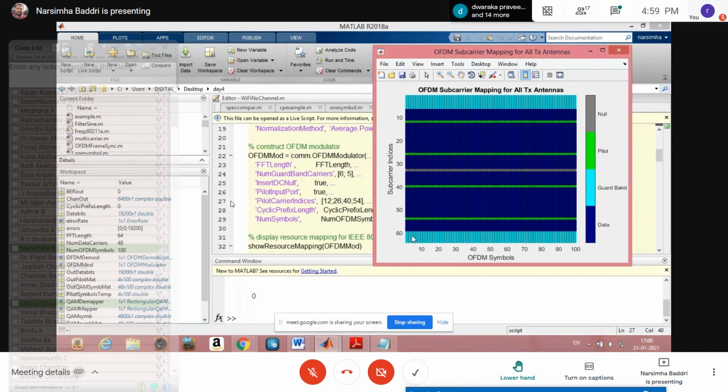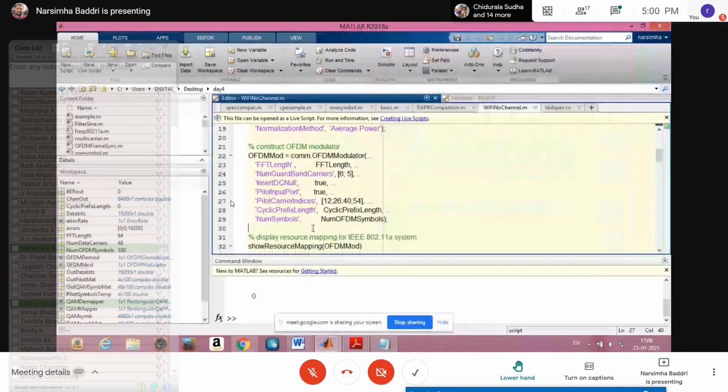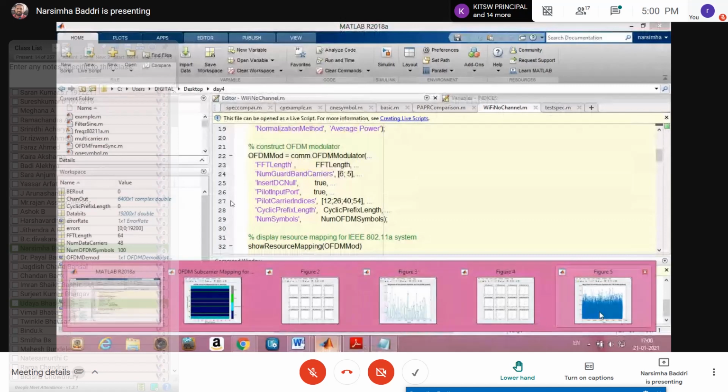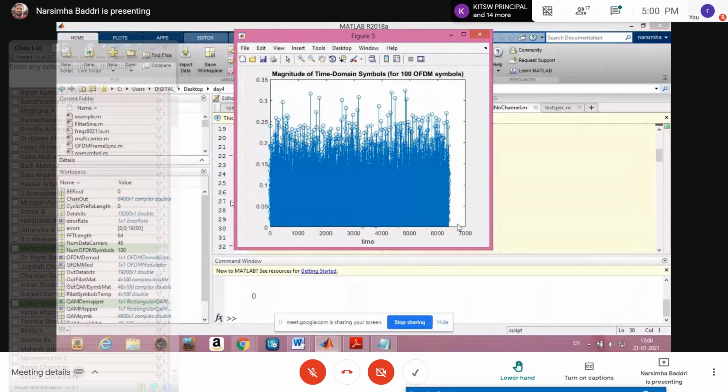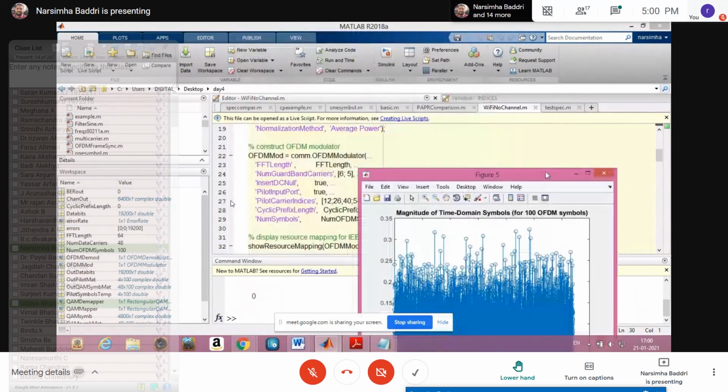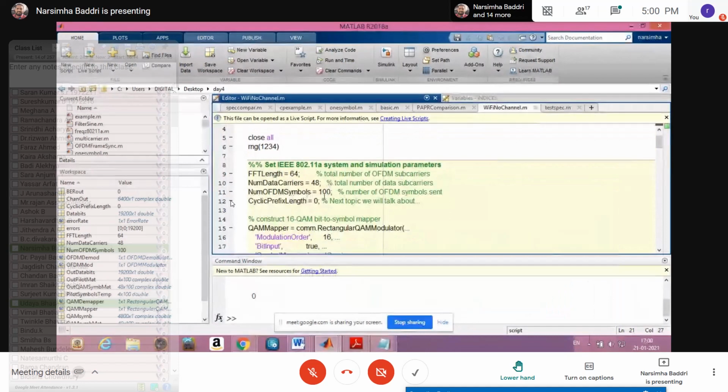So 1 to 64 total. The first 6 are the guard bands. The first 6 subcarriers are not used, and the last 5 are chosen as guard band. Even these 5 are not used. And the pilots, represented in green blocks, are at 12, 26, 40, 54.